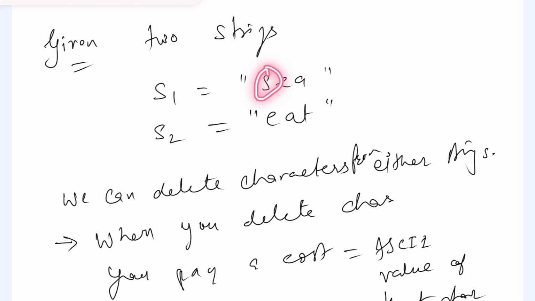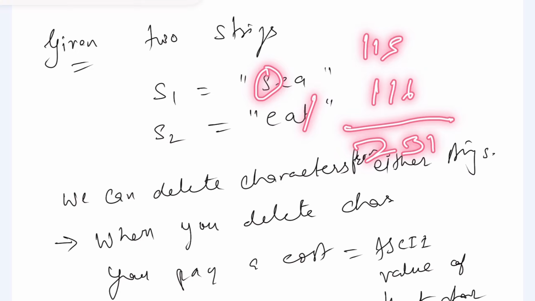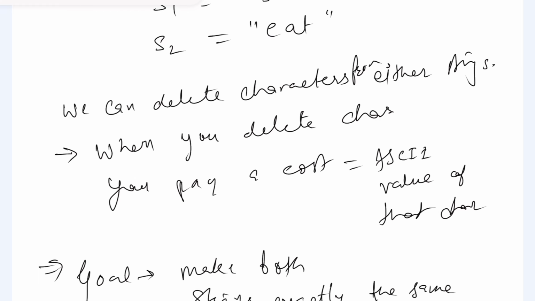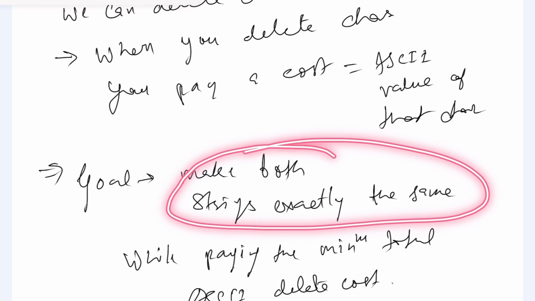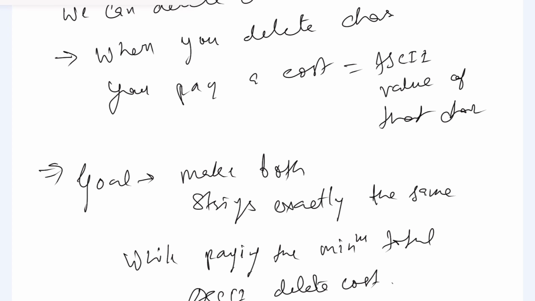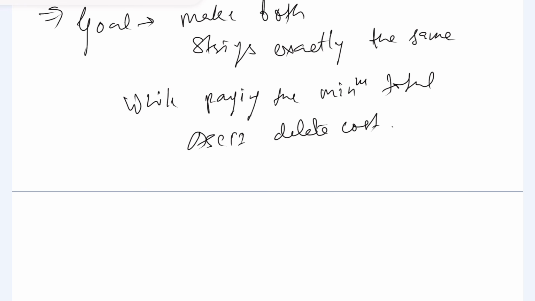Let's suppose the ASCII value of S is 115 and of T is 116. The total is 231. So this 231 is the answer, because we first make the strings equal, and now the deleted characters should be added together, and that will be our answer. I hope you understand the problem.